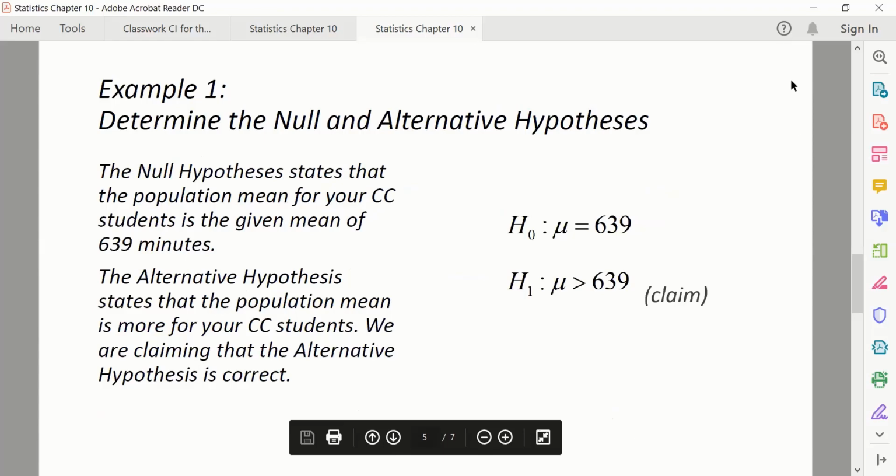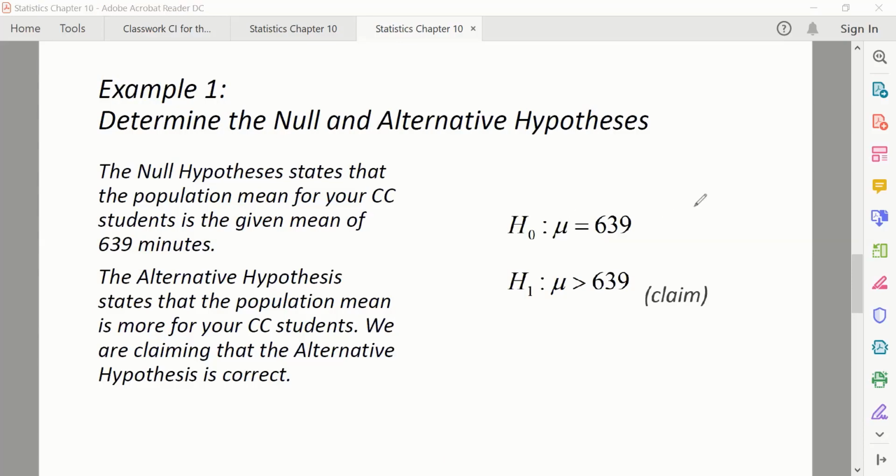So here's our example. Our null hypothesis says the mean is 639 minutes. So that's what you're given from the population. If nothing has changed, then our mean is 639 minutes. But we think for community college students, it's more than 639 minutes.